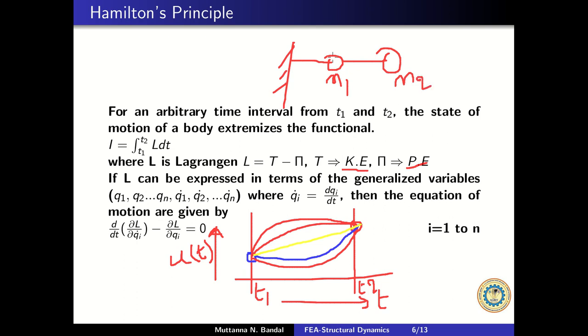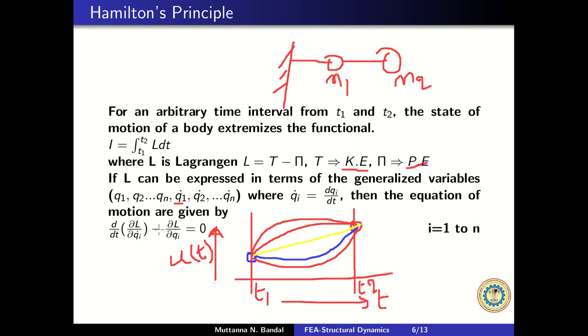So Q1 might be the displacement of mass 1, Q2 the displacement of mass 2. Similarly, Q1 dot gives the velocity of mass 1, Q2 dot gives the velocity of mass M2, where Qi dot is equal to dq by dt.